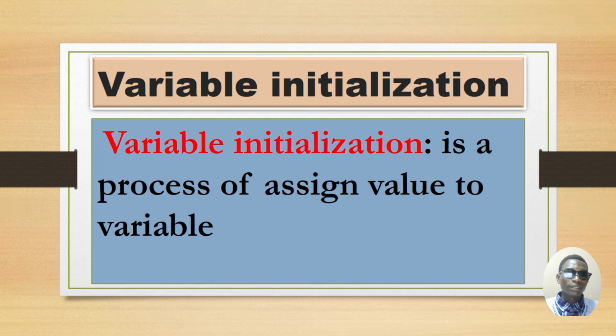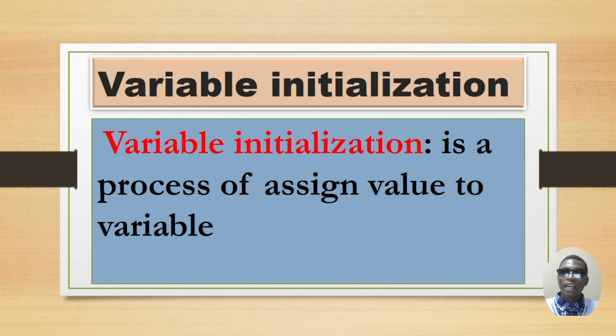Variable initialization is also related to variable declaration, because you can't understand variable initialization without understanding variable declaration. Actually, variable initialization is the process of assigning a value to a variable. After making the variable declaration, you assign a value to that variable.